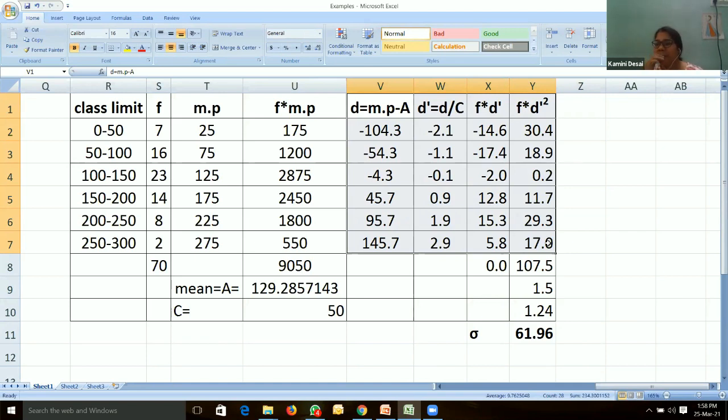Does it seem very difficult? We just have to put these values in the formula. As the formula is written, in that fashion we have to calculate this value. f into d dash is written, but you should know how to calculate the mean, distance, and what the class interval is.